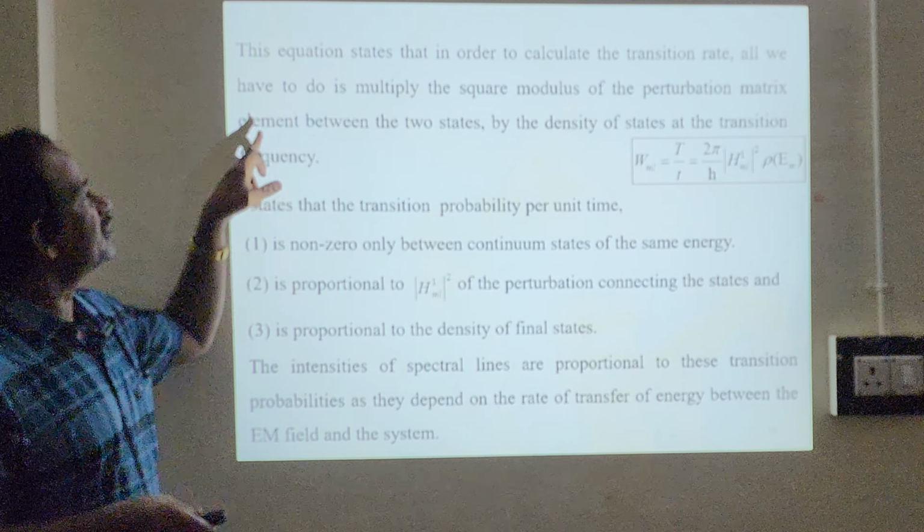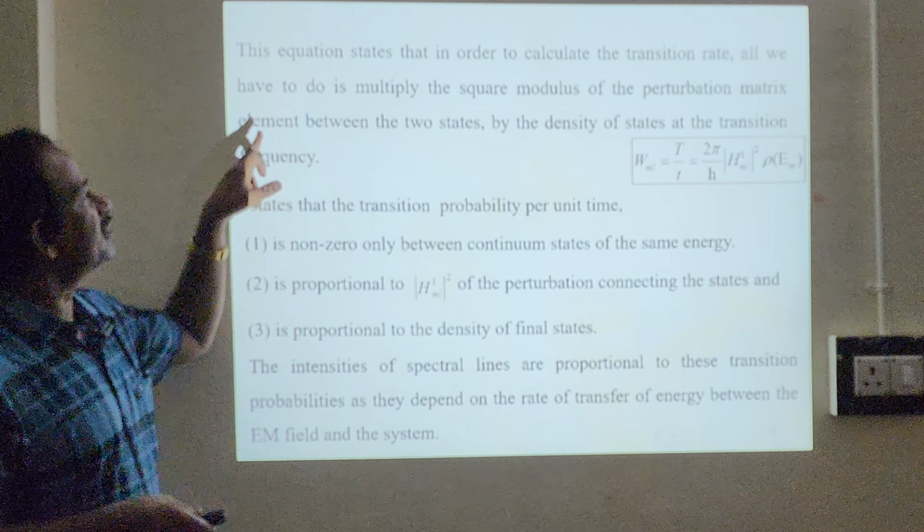So this is h bar squared divided by 2m L squared, and the corresponding wave function for the 1D box is given by this, with the ground state n equal to 1 and the first excited state n equal to 2. So calculate the first order probability. We are going to find out the transition rate between the ground state and the first excited state. That's why it is termed n equals 1 and n equals 2.